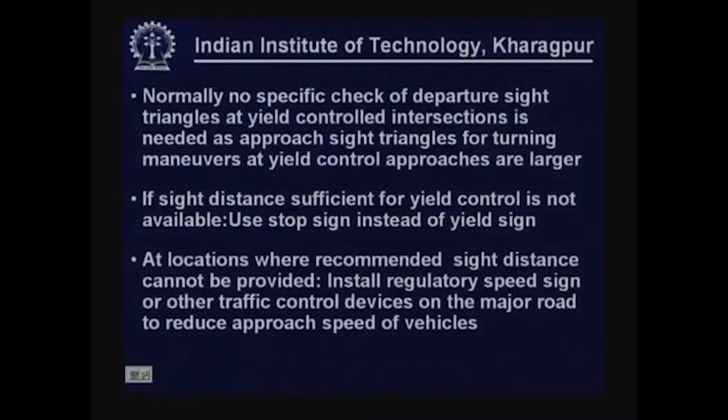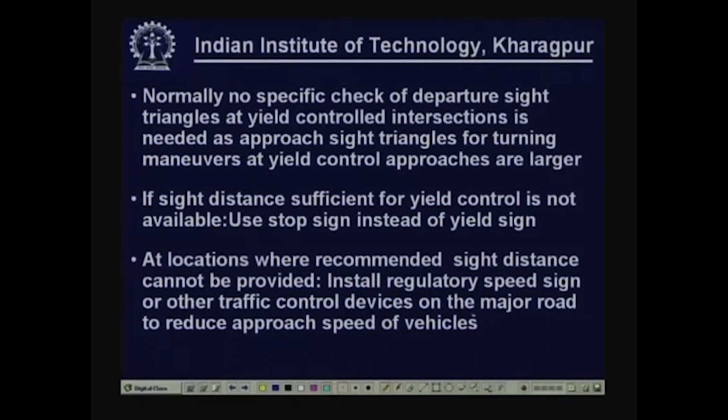Further, at locations where the recommended side distance cannot be provided, one should explore the possibility of installing a regulatory speed sign or other traffic control devices on the major road. Remember that we are talking about the major road, to reduce the approach speed of vehicles from the major road, because you have seen that for a given time gap the actual length required will depend on the design speed.